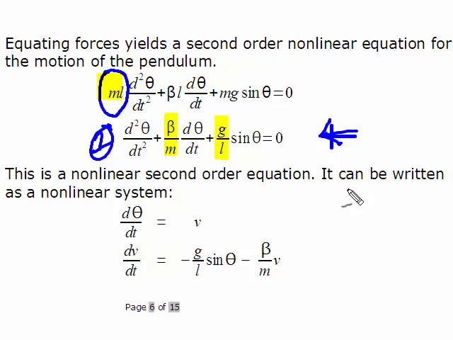We have two things. We'll write theta as the first variable, and the second variable will be a velocity. Okay, and here's our system. Now, this is not Hamiltonian as it stands, so I'm going to have to dump something, and I will dump that damping term.